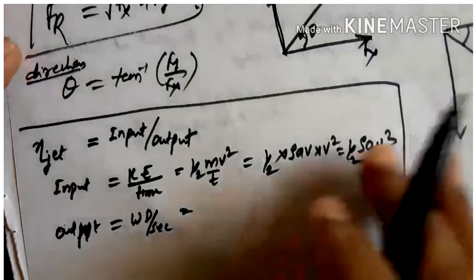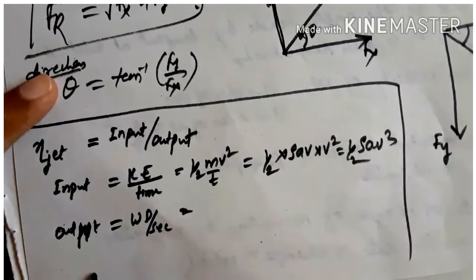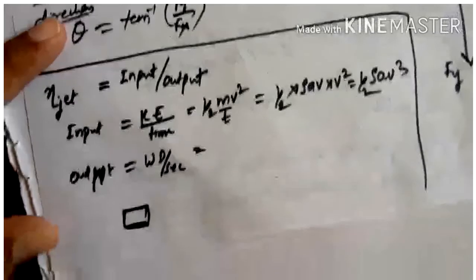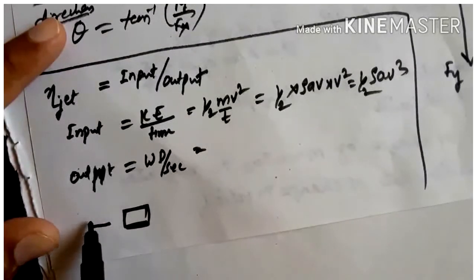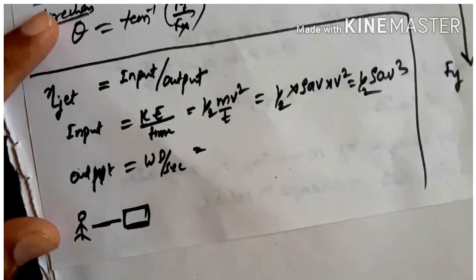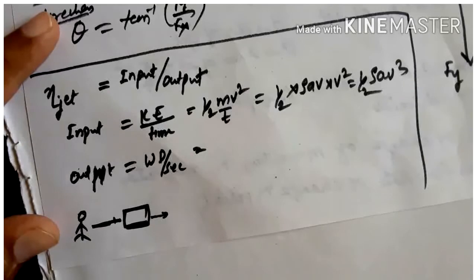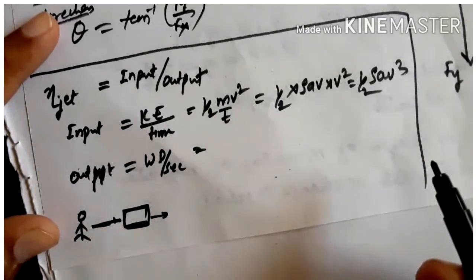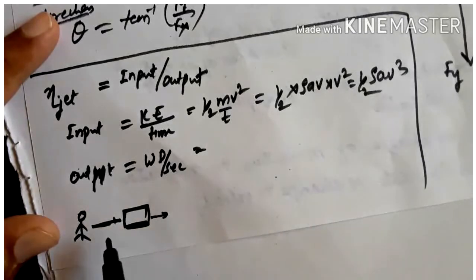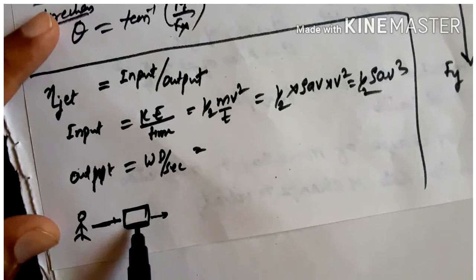Suppose this is a body, and you are applying a force here. If the body gets displaced a certain distance, then we say the work is being done. If the body is not displacing even after applying the force, then the work done will be 0.